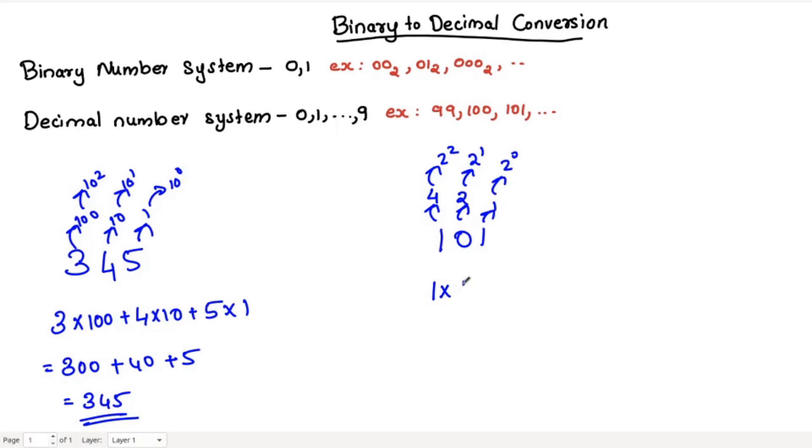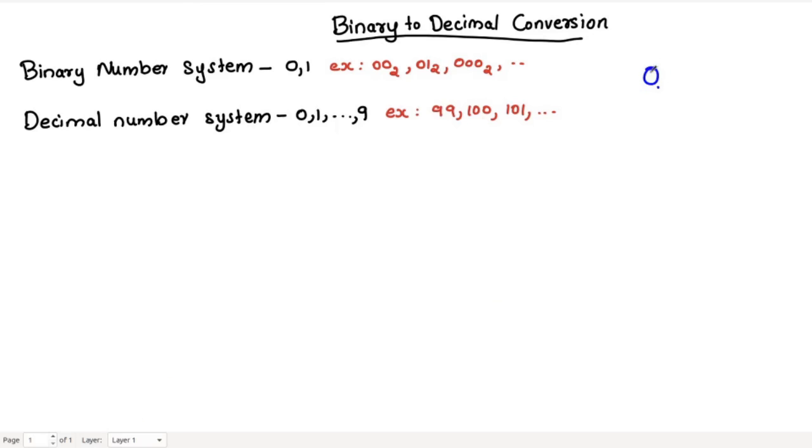So the number will become 1 into 4 plus 0 into 2 plus 1 into 1. Four plus 0 plus 1, that is 5.